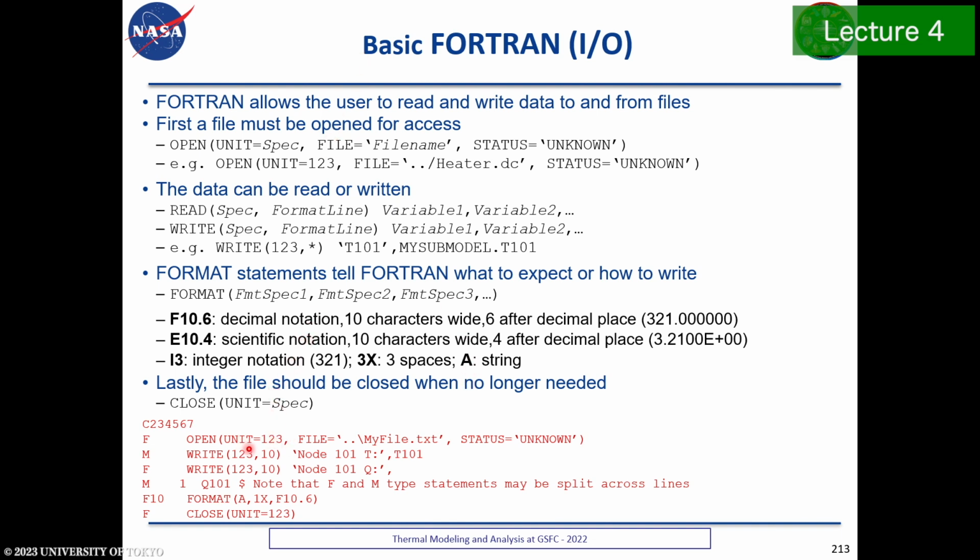So here we open a file, we write the temperature for node 101, and we write the temperature for Q101. Note that I started this with an F type and then continued it with an M type afterwards, with the comment there, so the Fortran logic would be written correctly. You can't split an F type and an M type statement across lines if you need to do that. Here's the format specifier, and then we close it when we're done with it.